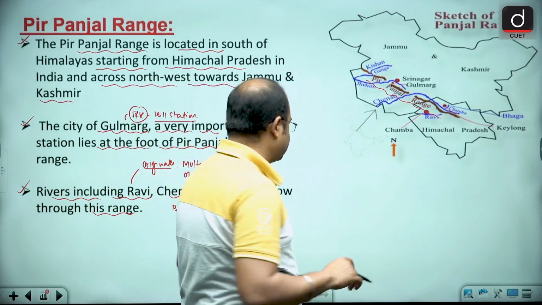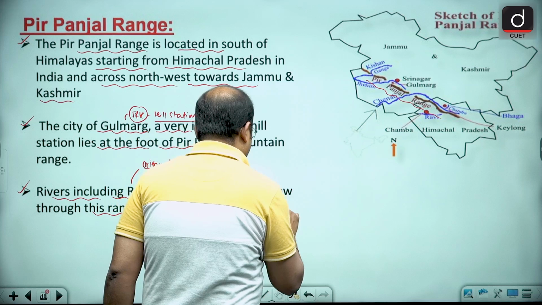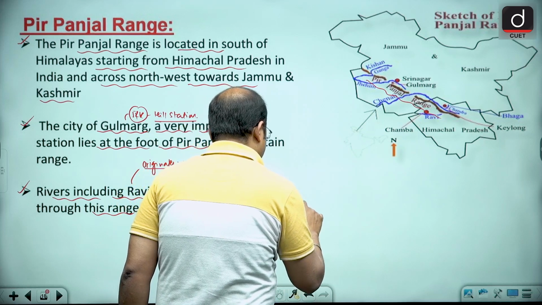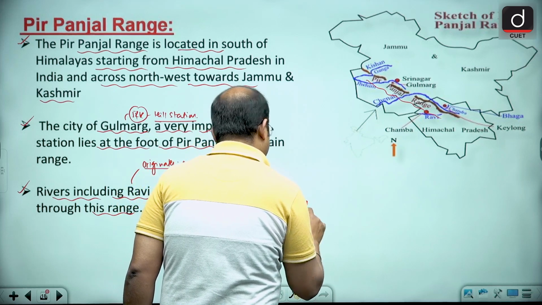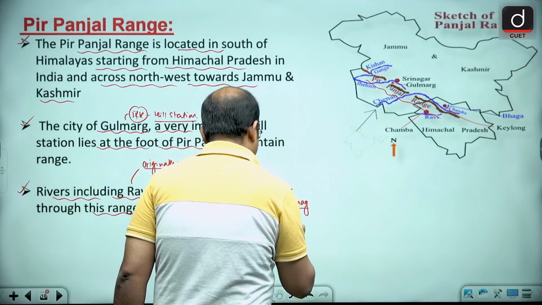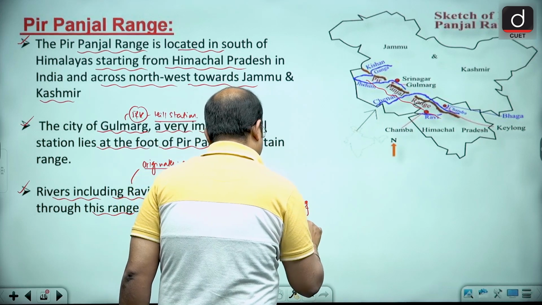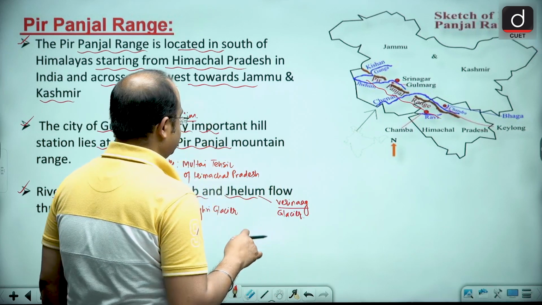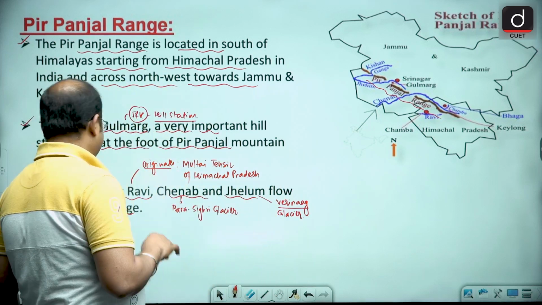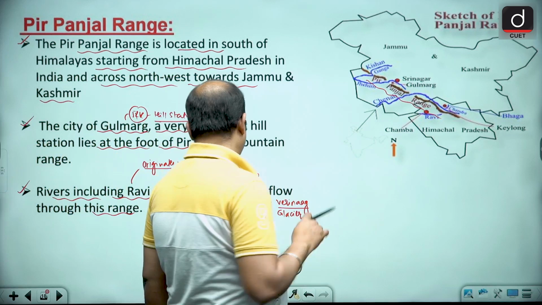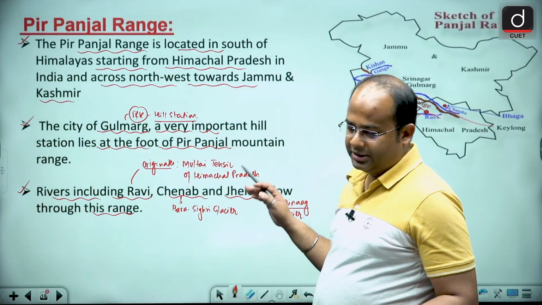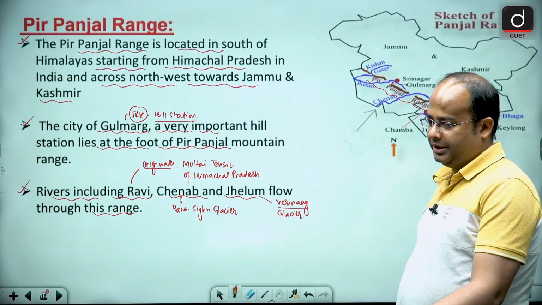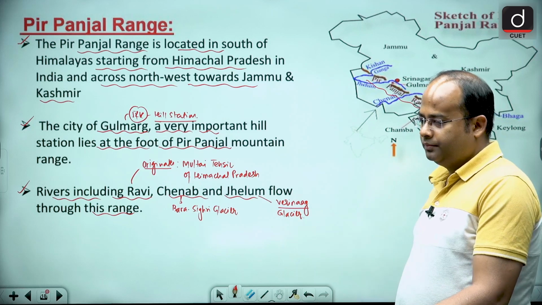And Jhelum originates from Verinag. So is that clear, guys? The rivers Ravi, Chenab and Jhelum all originate from this Pir Panjal range. Is that clear to all of you?